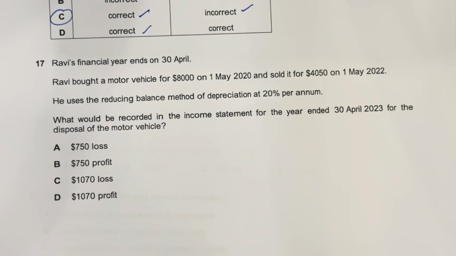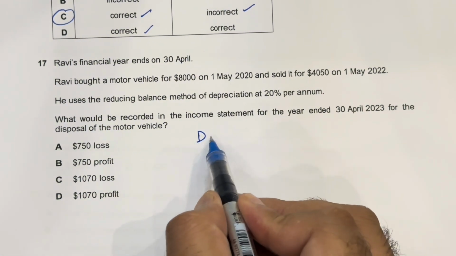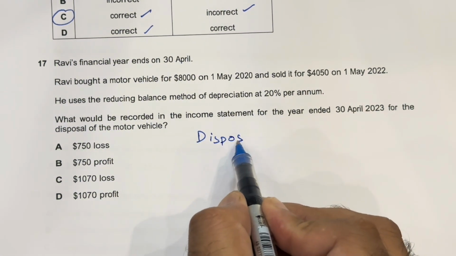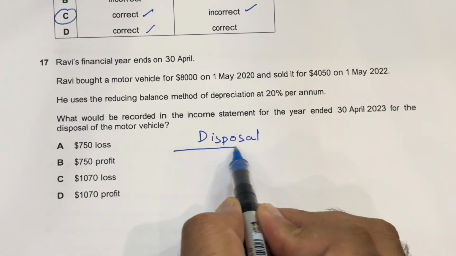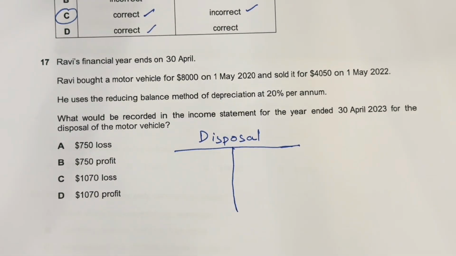What would be recorded in the income statement for the year ended 30 April 2023 for the disposal of the motor vehicle? So this is a very good question of the disposal account. So we have to make the disposal account.